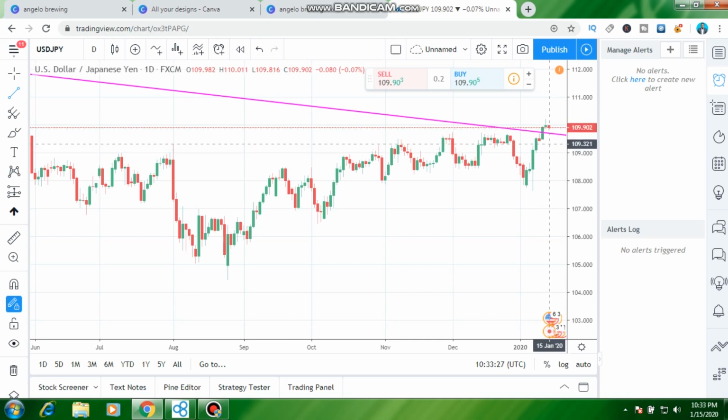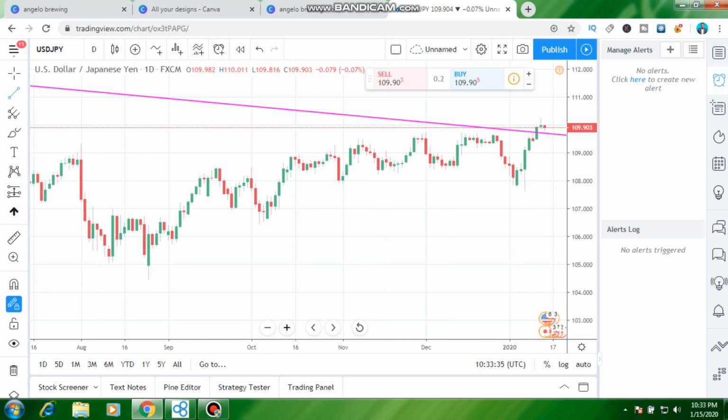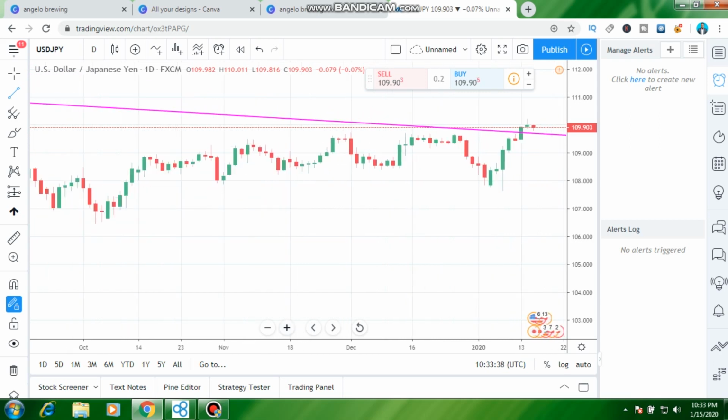There was a breakthrough trying to tell us that there is a breakout of the trend. But as we can see, this candle on the 14th went up to about 110.22, 24 thereabout, and then we saw a rejection, and now currently the downtrend candle is forming right here.